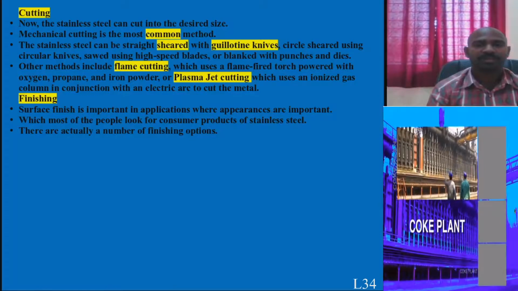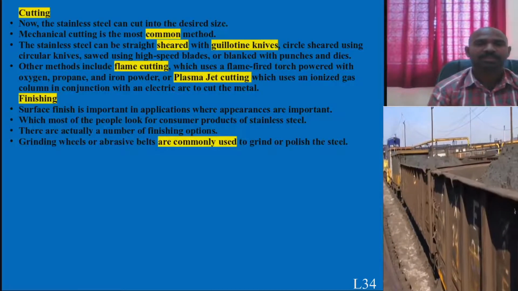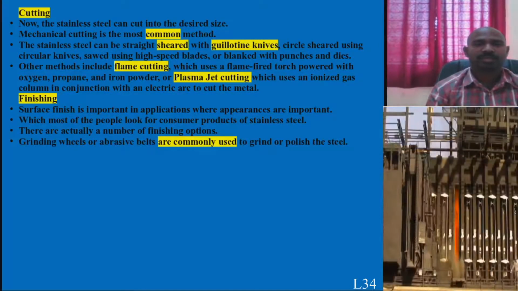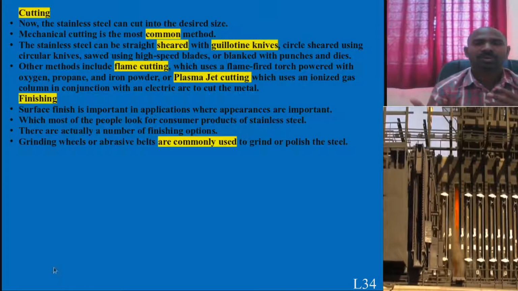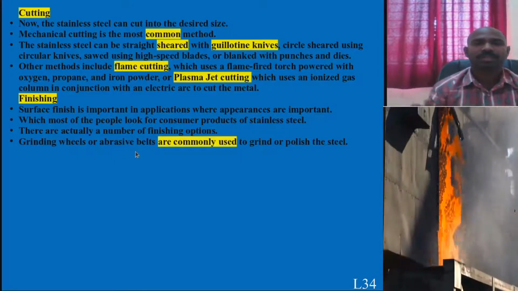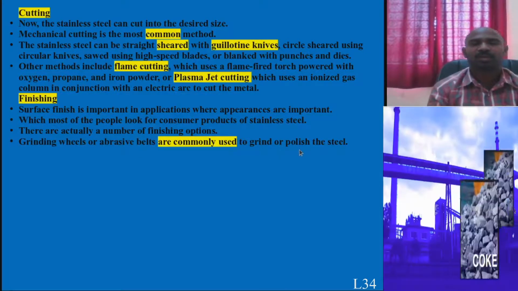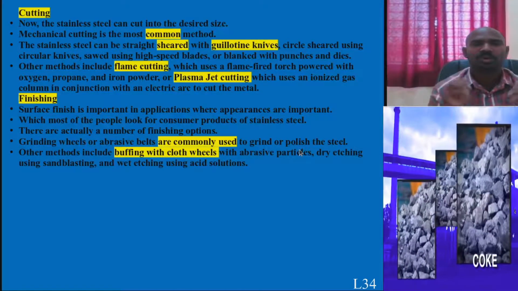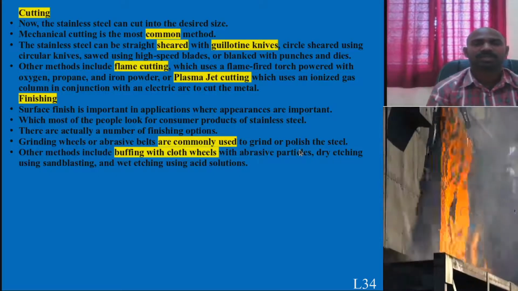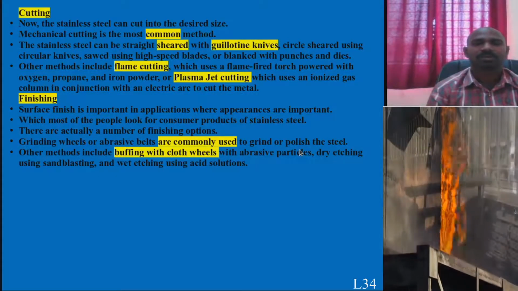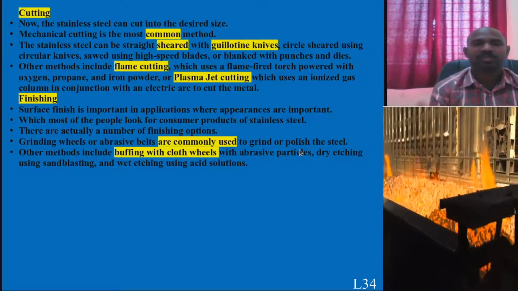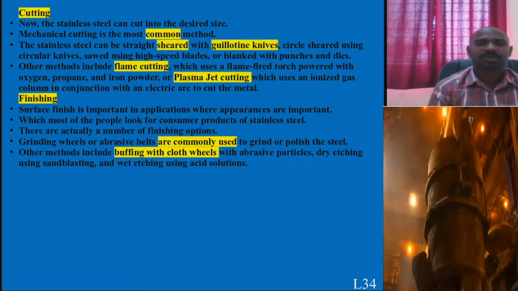A number of finishing operations are chosen. The finishing operations are usually done by grinding wheels and abrasive belts. It is smoothened. Finally it is polished, so that you will see. And there are other methods called buffing with cloth wheels. You will get a very good surface finish.